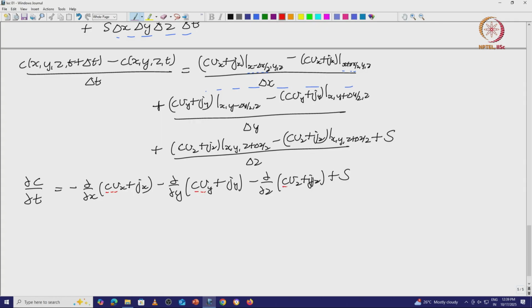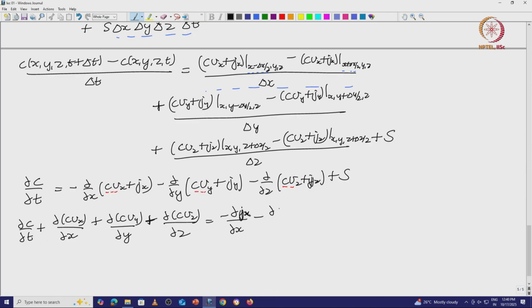If you do that, you will get partial c by partial t plus partial of c v x by partial x plus partial of c v y by partial y plus partial of c v z by partial z is equal to minus partial j x by partial x minus partial j y by partial y minus partial j z by partial z plus s.